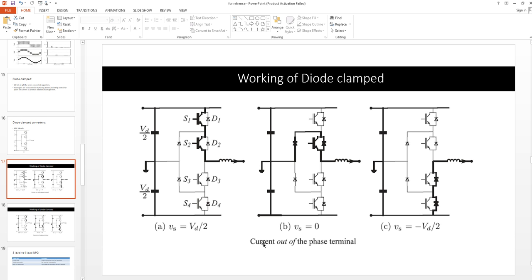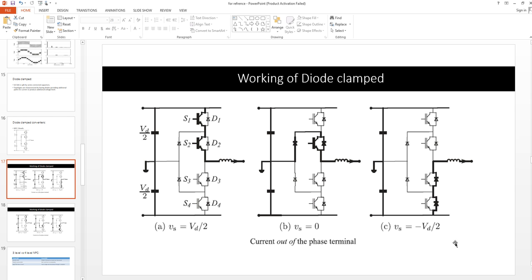Now, in order to get zero voltage, we have to turn on switch S2. The current will flow from the neutral point, through the diode and the switch, and come out from this point. Diode D2 will not be conducting. So we will get a 0 level.